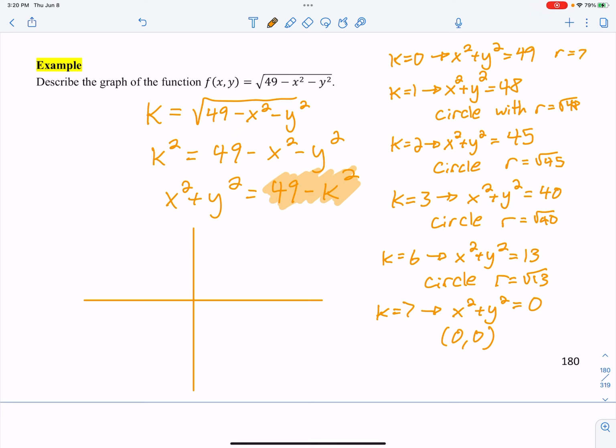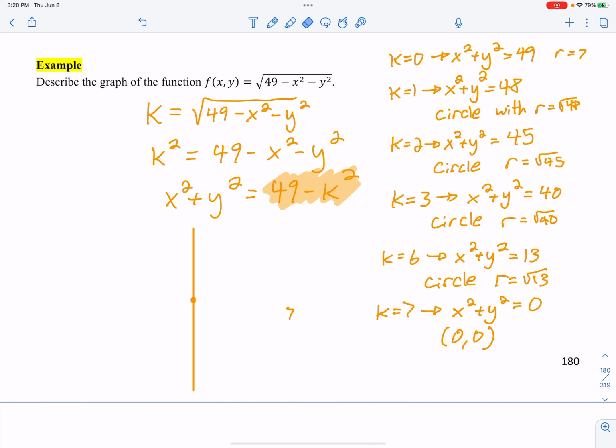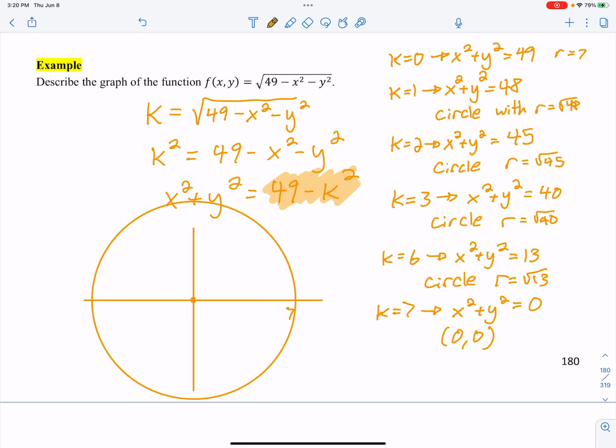So I'm going to start here. I'm going to go all the way out to 7, and we're going to create a circle with radius 7. I'll try to put the middle here. We'll move our 7 over. So that's our 7 now. We can extend these lines here.